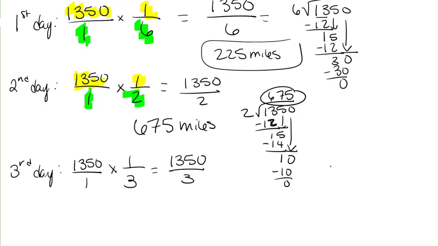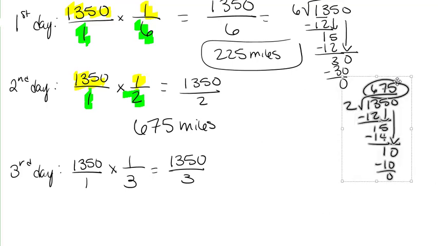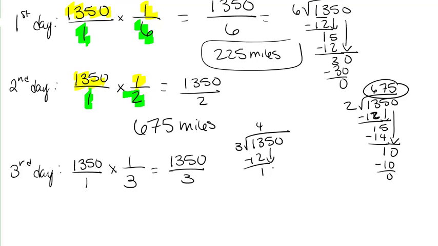Let's go ahead and move this so we have a little bit more room. So now we have 1,350 divided by 3. So 3 can go into 13 4 times. We get 12. We subtract, we get 1. Bring down the 5. Now 3 can go into 15 5 times. So that's 15.